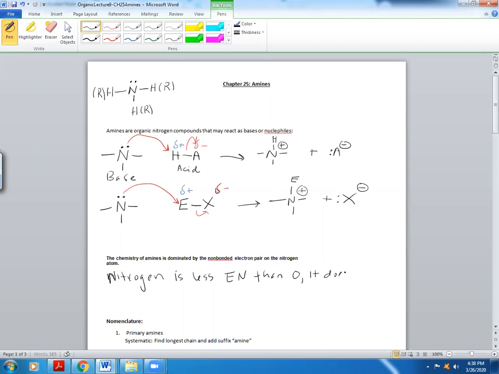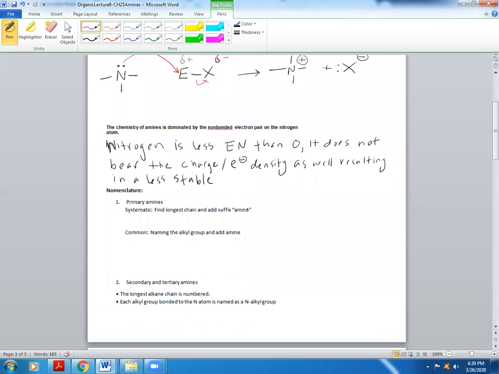Therefore, it does not bear the charge, or we can say electron density, as well, resulting in a less stable base. So that's the key here.